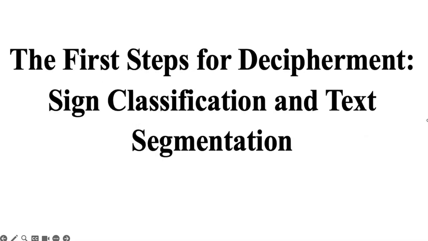Let's continue. So now, given this large number of signs, we need to follow some sort of rational program to achieve decipherment. And one of the most important things, of course, is to have some sort of methodology that can be both reproduced and falsified if necessary.